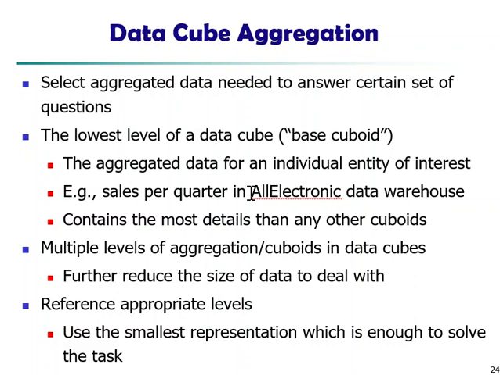Another strategy in numerosity reduction is the data cube aggregation technique. This is also related to our drill down and roll up example that we've seen before. The idea of data cube aggregation is that from one large multi-dimensional data set, we create many smaller representations of the original data set.